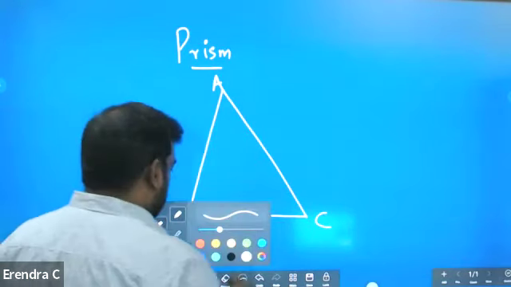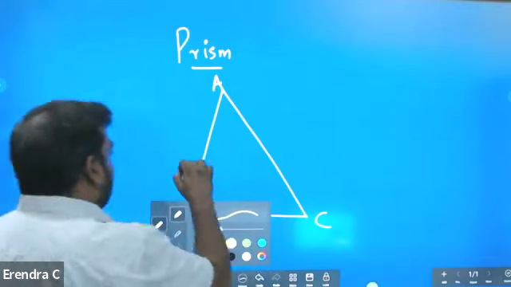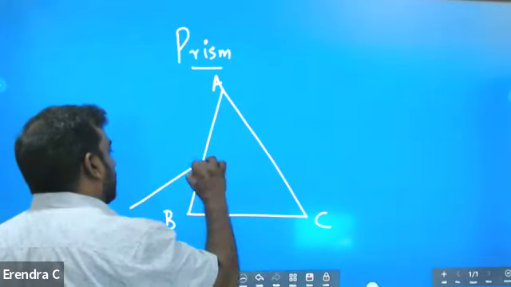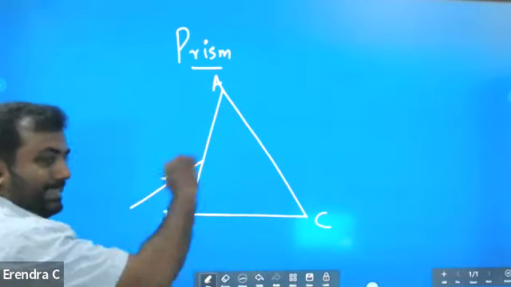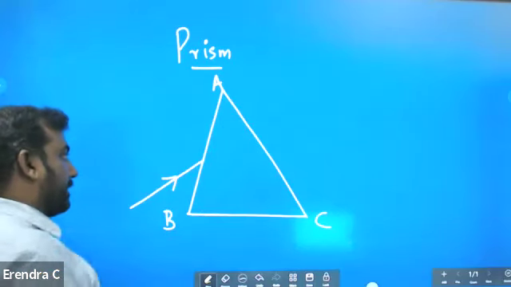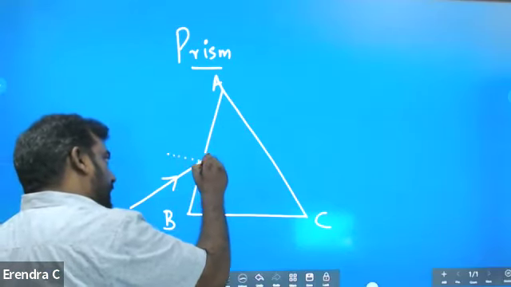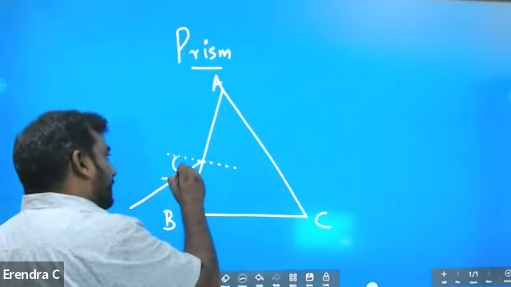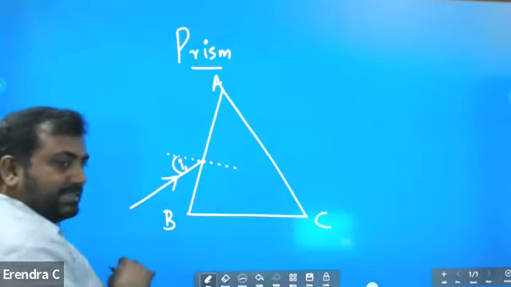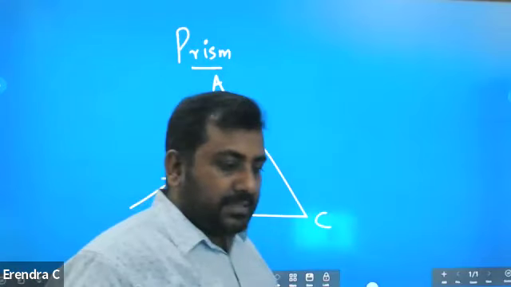Now, if you consider light travel, this is an incident ray. Normal drawn here. This is the angle of incidence, I1, the standard notation.